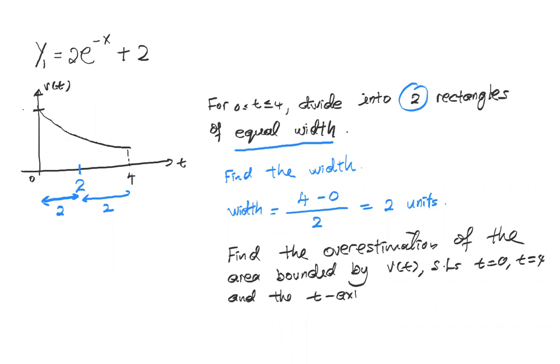Or in short, I can say find the total distance traveled by the object in the first 4 seconds for this case. Okay, so now how are we going to estimate?